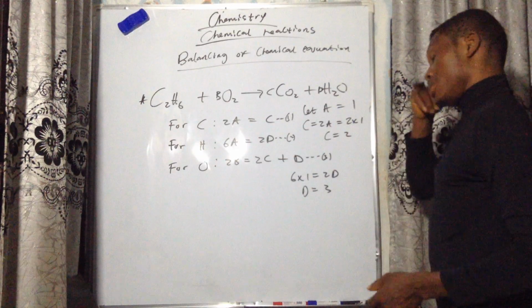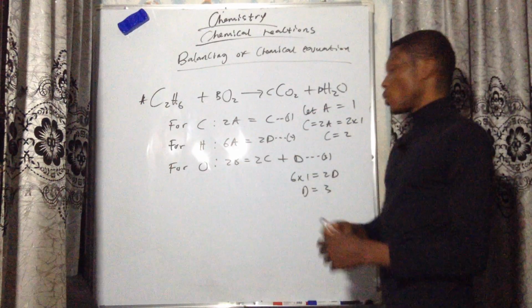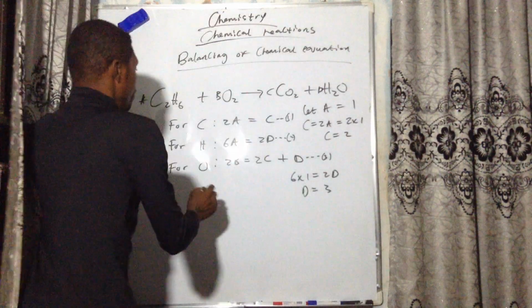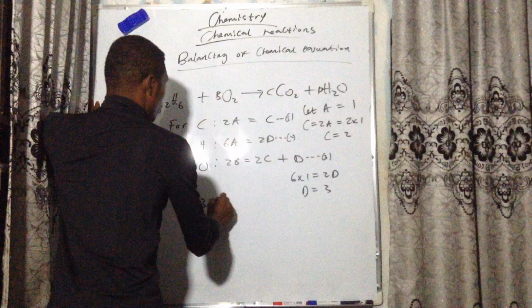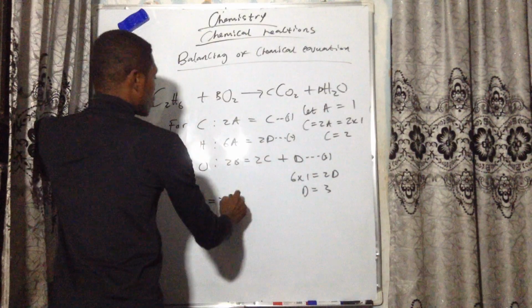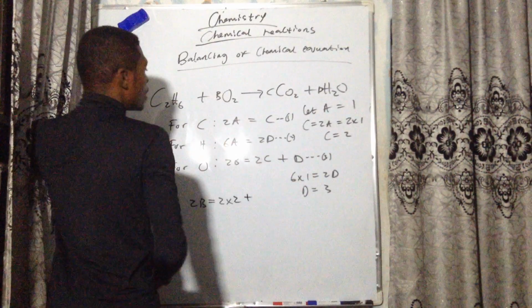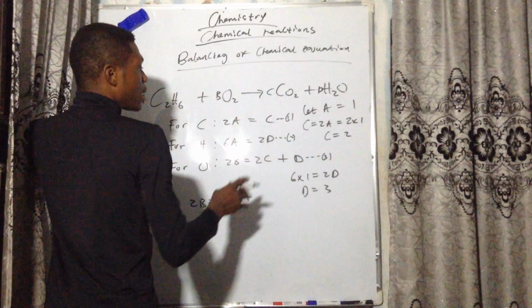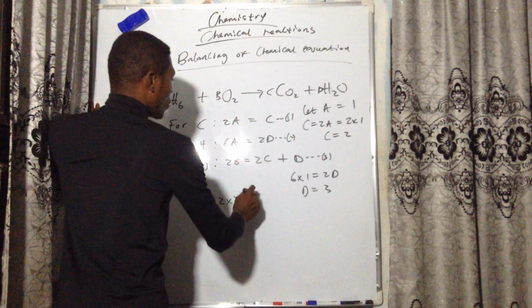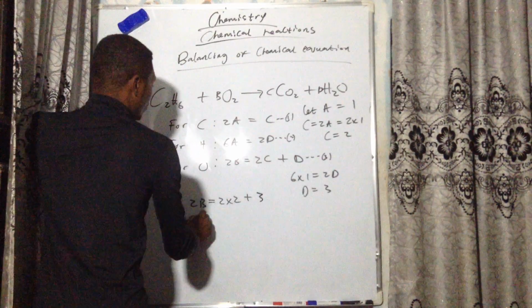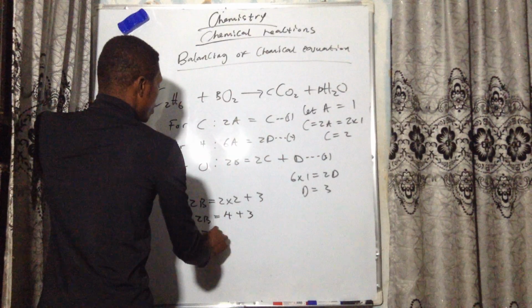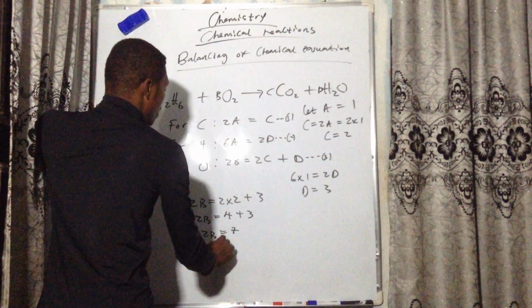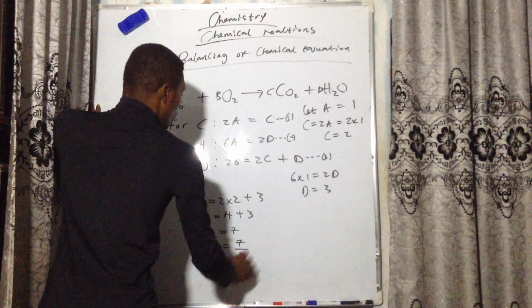Now remaining B. From the last equation, we have 2B is equal to 2C plus D. That is 2 times 2 plus 3. So 2B is equal to 4 plus 3, 2B is equal to 7. Therefore B is equal to 7 over 2.